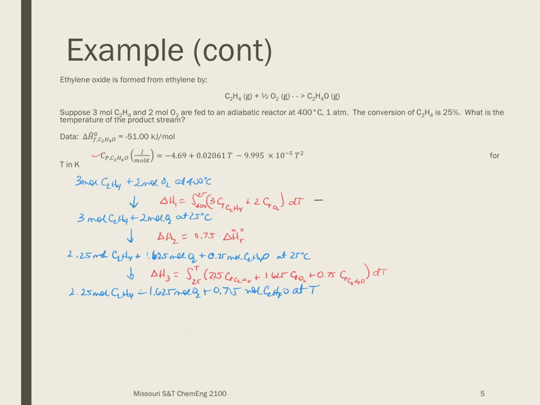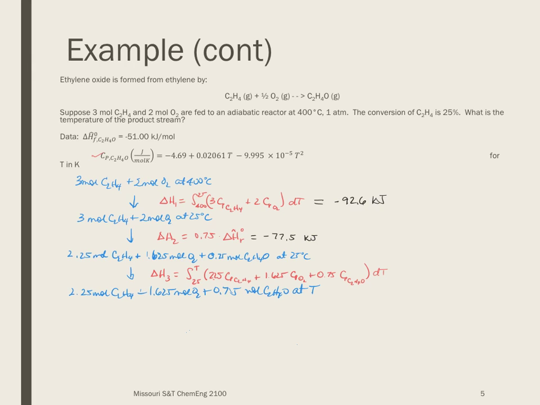Doing these, I found that this delta H1 is negative 92.6 kilojoules. I'm going to leave that to you as an exercise. And using the heat of reaction times 0.75 moles reacting, this is negative 77.5 kilojoules for delta H2.